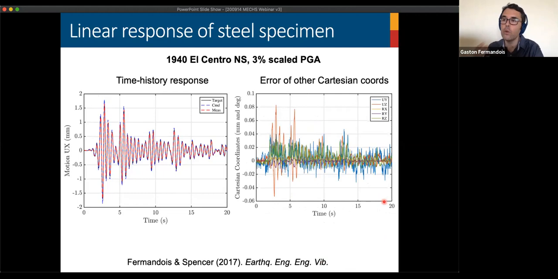And if we take a look at the measurements on the other Cartesian coordinates, they are not zero, but they are extremely small. For instance, the other translational Cartesian coordinates, uy and uz, in this case are probably less than 0.04 millimeters, which is extremely small.